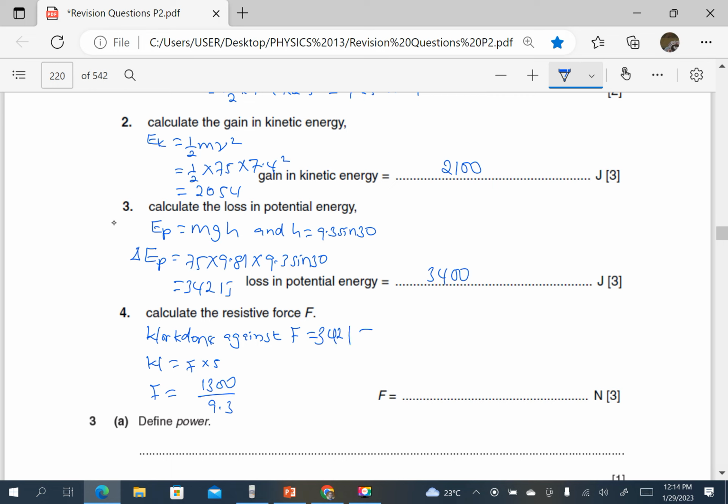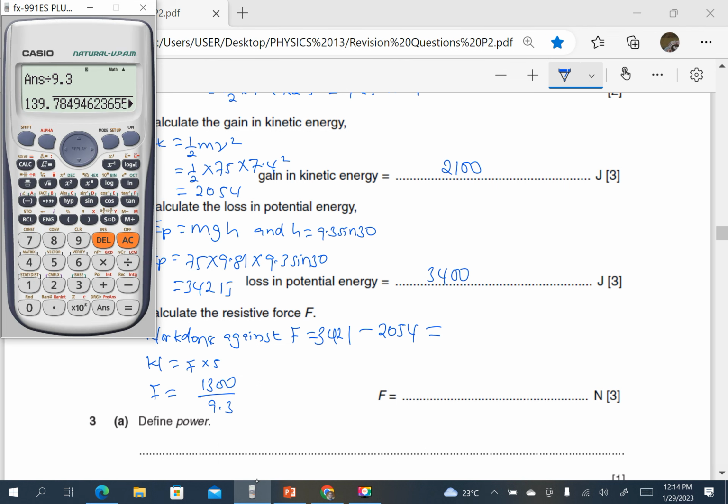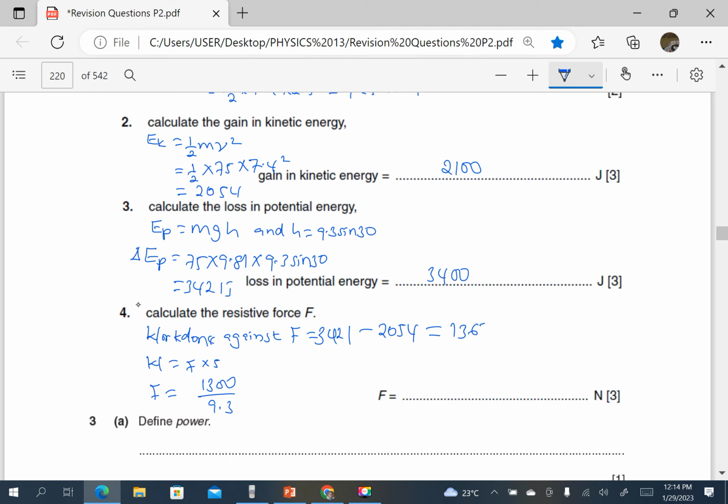So that is 3421 minus 2054. Let me use that one. That is 1367 joules. So let me use 1367.